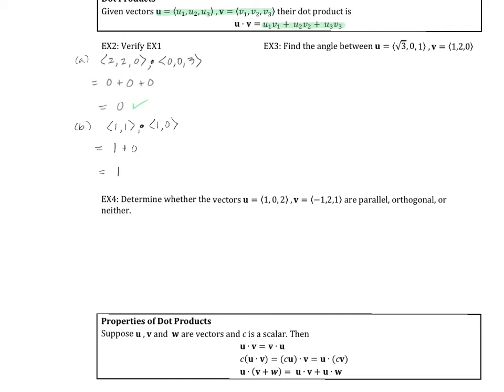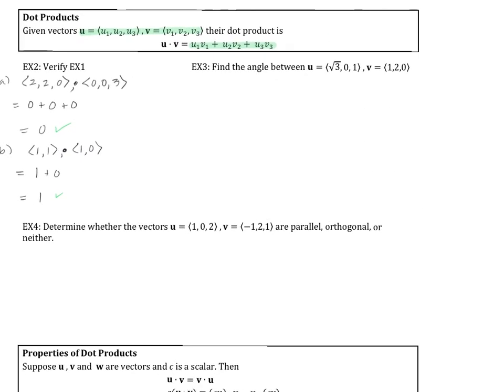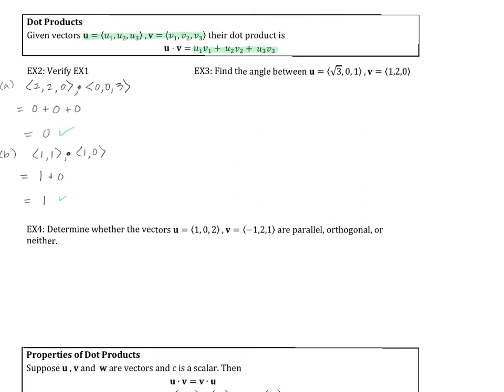And we have 1, which is what we had when we actually found the angle and computed the dot product using the formal definition. You could use either one of these. Typically, if you don't have the angle, the multiply, add, and so on is the easier one to use.